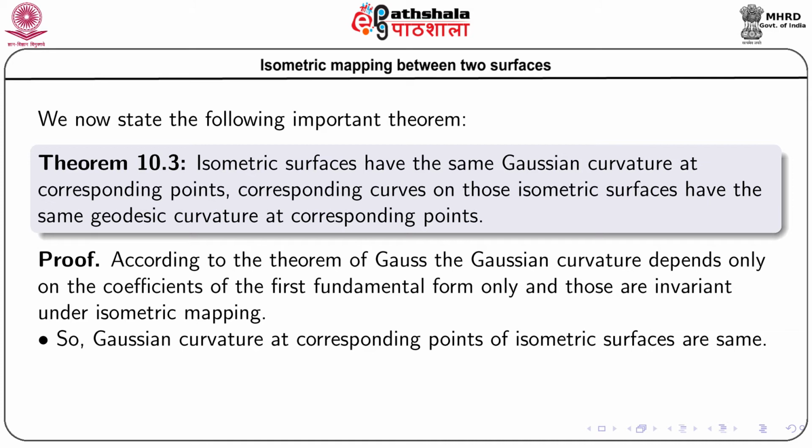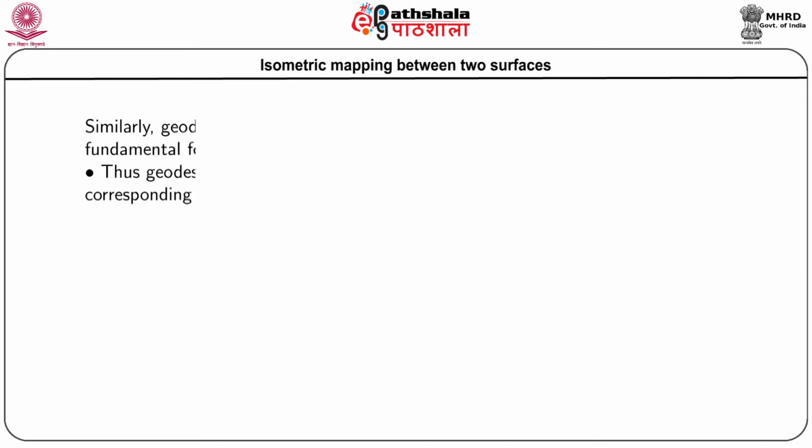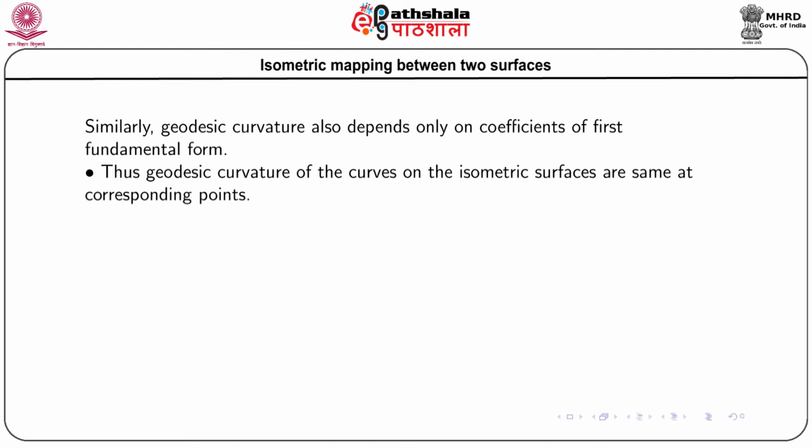So, Gaussian curvature at corresponding points of isometric surfaces are same. Similarly, geodesic curvature also depends only on coefficients of first fundamental form. So, geodesic curvature of the curves on the isometric surfaces are same at corresponding points.